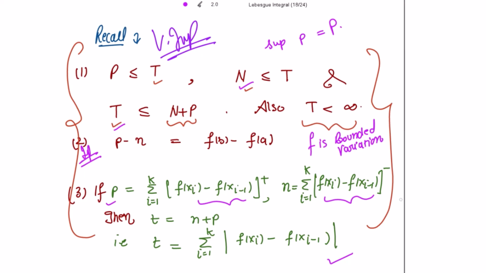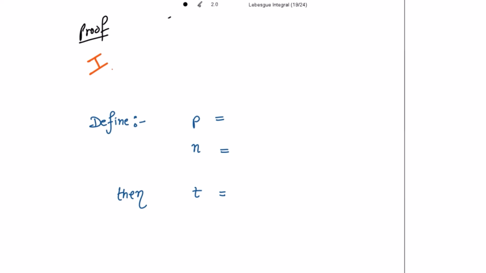Okay, first I'm going to show that f(b) minus f(a) is equal to the positive variation of f over [a, b] minus the negative variation of f over the closed interval [a, b]. This means that N is the negative variation of f over [a, b].